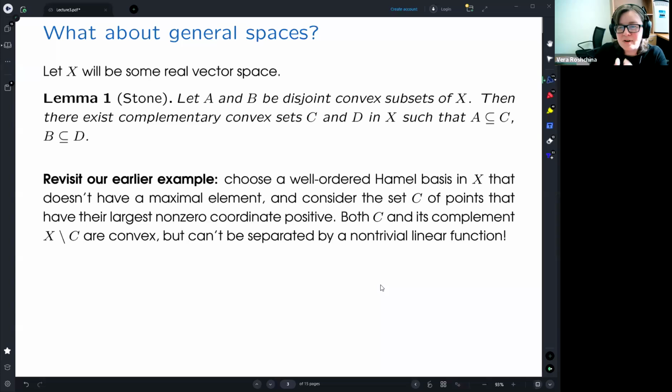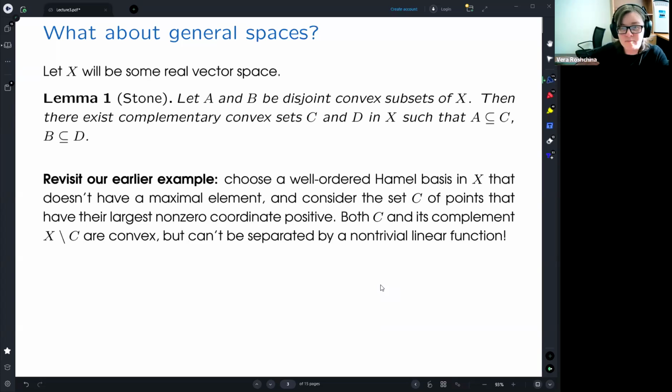So now I'm going to switch to real vector spaces. I'm not going to have any topology on those spaces as yet. So it's just a real vector space. We just have the linear structure. Think about the space of continuous functions, space of polynomials, just as long as the space is real. You can add, multiply by constants, and so on.